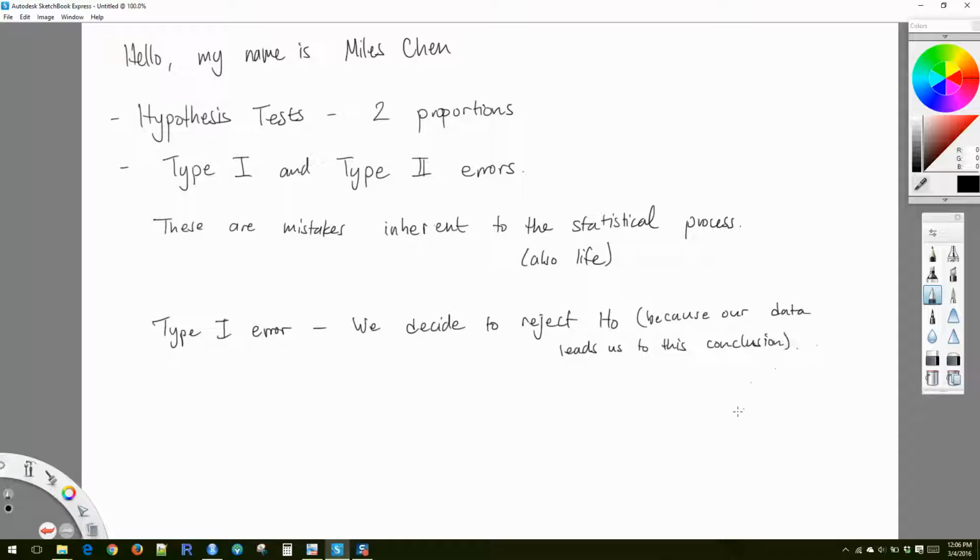Okay, but it turns out our data was wrong and we made the wrong choice, okay? Or not that our data was wrong, but it just turns out that our data was a bit unusual. But it turns out this was the wrong decision.